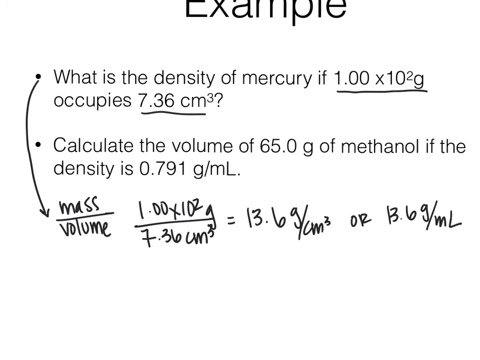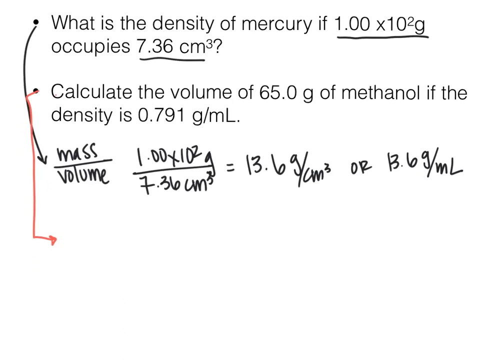So now for the second one, we'll set this one up down here. The question asks, calculate the volume of 65 grams of methanol if the density is 0.791. So density can really be a tool for us here in chemistry.